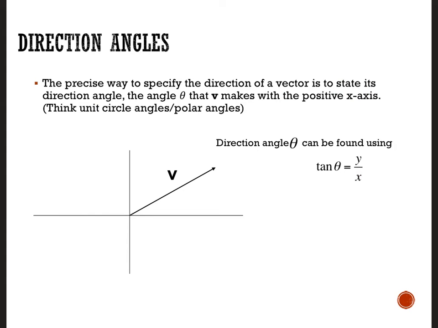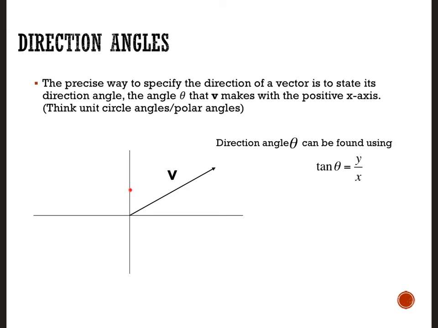Another way that we can describe a vector is the direction. We use angles to describe direction, and the precise way to do this is to talk about the angle that it makes with the positive x-axis. We call this angle theta, and you can almost think about it as the unit circle angles. So if it was pointing on the x-axis, we would call this 0.